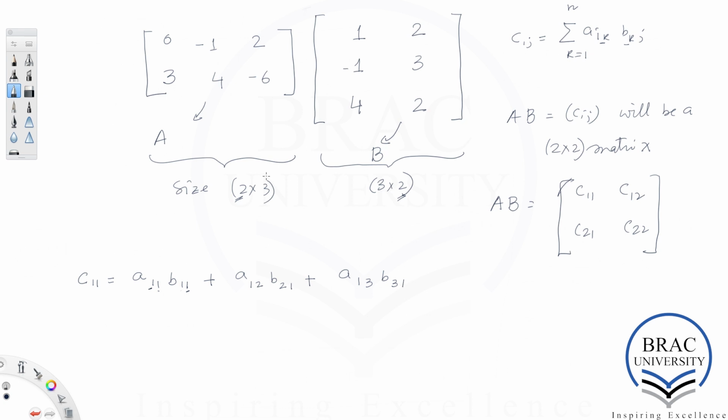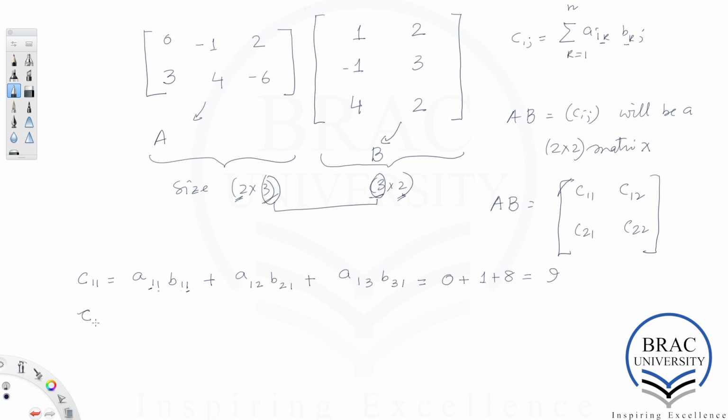And n here is 3, the common number, which is the number of columns in the first matrix and the number of rows in the second matrix. So k runs from 1 to 3. So this is C11, and by putting in the values of these entries, we see that this is 0 plus 1 plus 8, which is 9.